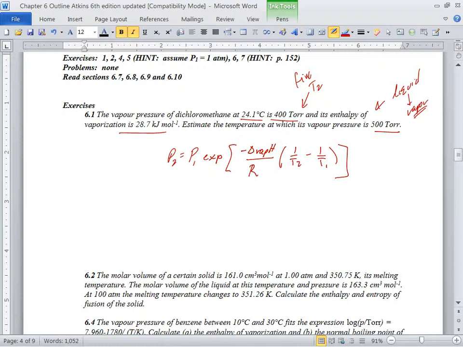So the conversion factor would cancel out too. So just make them consistent. I would just be careful with kilojoules and R. So 500, that's not consistent.